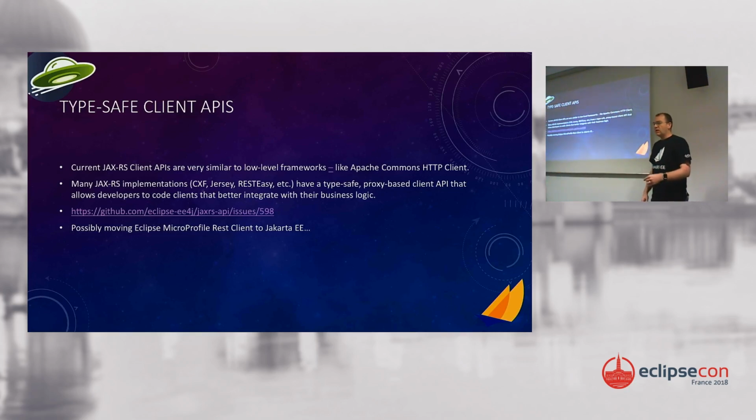MicroProfile REST Client 1.1 was released back in December, and 1.1 was just recently released. The idea is that your REST client doesn't look like clientbuilder.build.target.blah, blah, blah, which has a lot of boilerplate code that doesn't apply to your application. And so we want to bring that into JAX-RS.